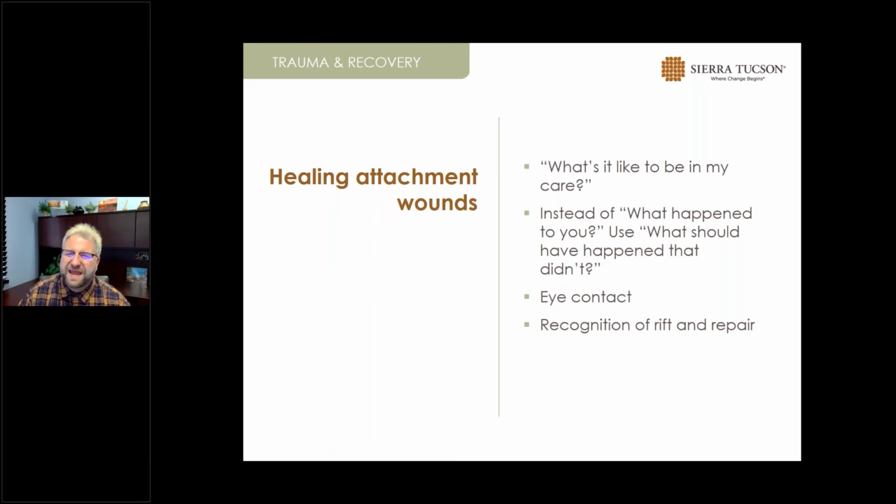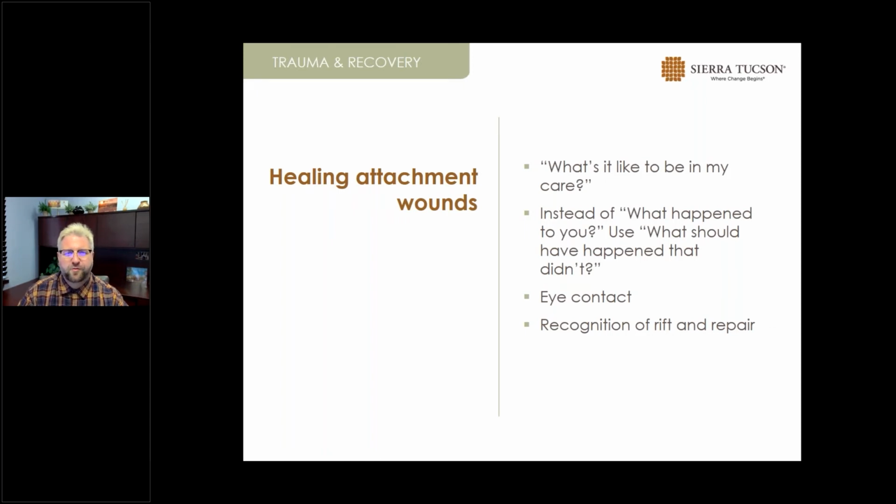What did you need in order to get that healthy, loving connection or that environment? What kind of care would your parents have needed in order to have been there for you in a better, healthier way?